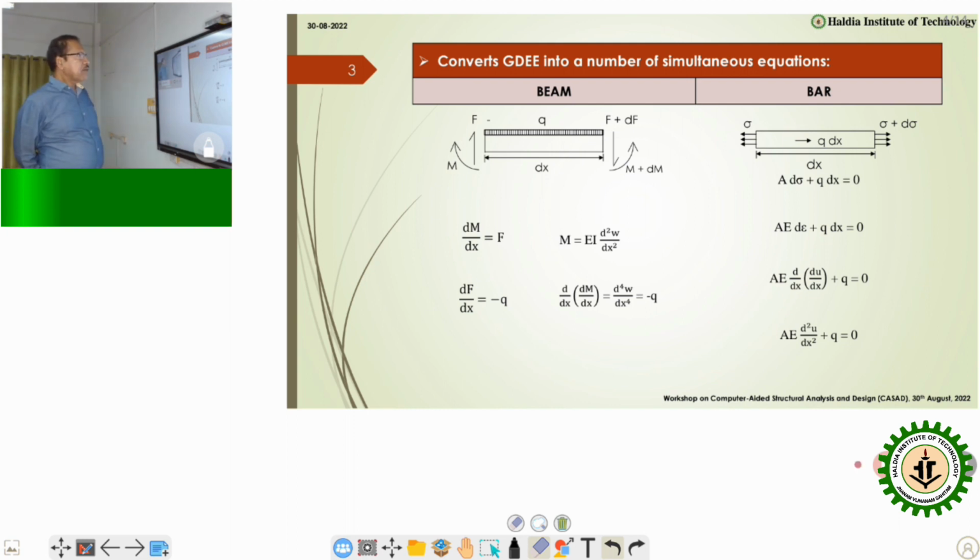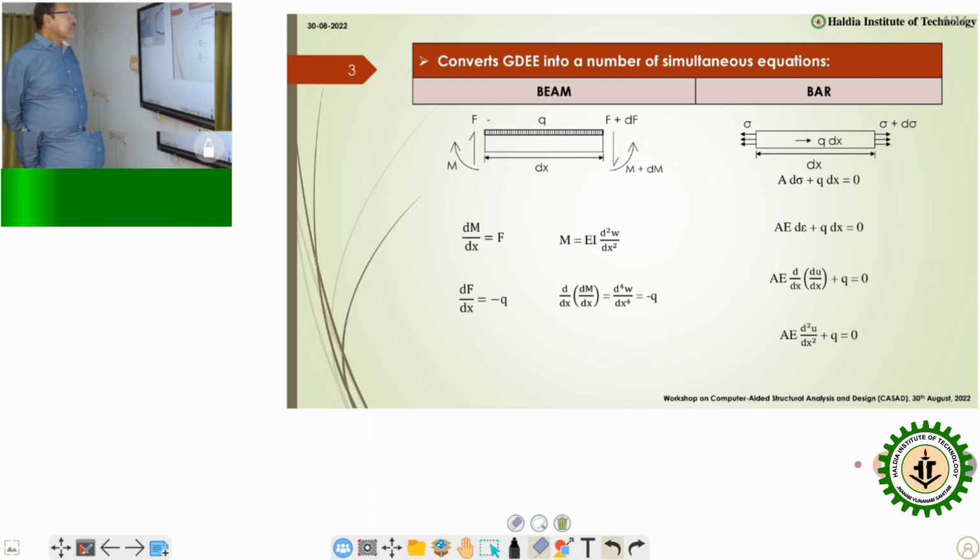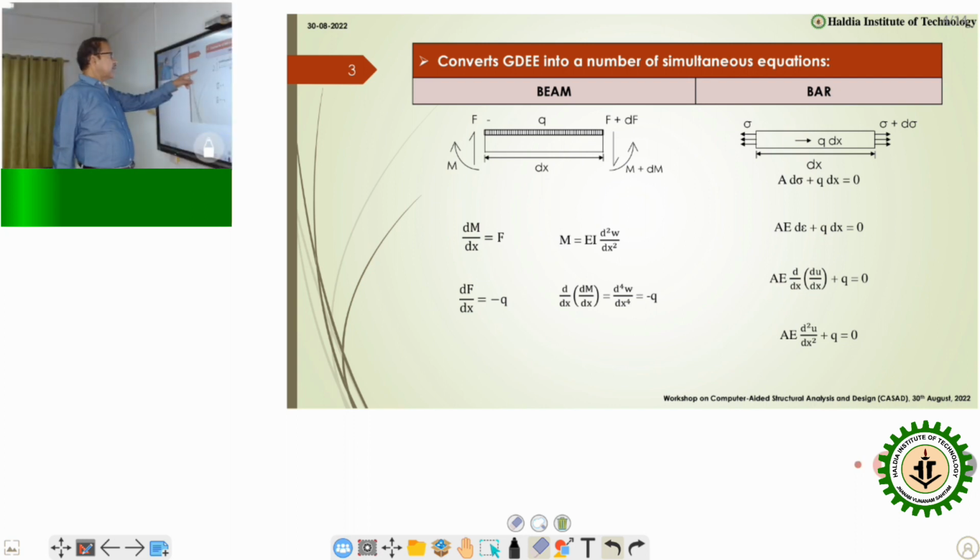First of all, I have taken the case of a beam. Here, as one can see, this is the shear force at the left end.